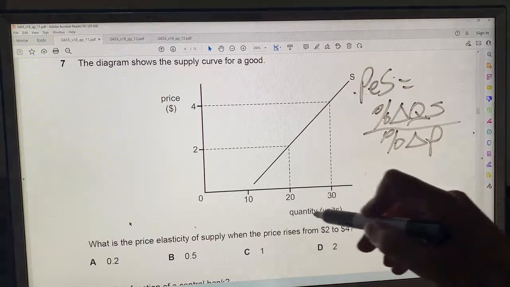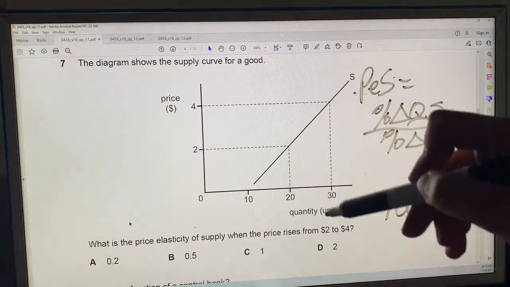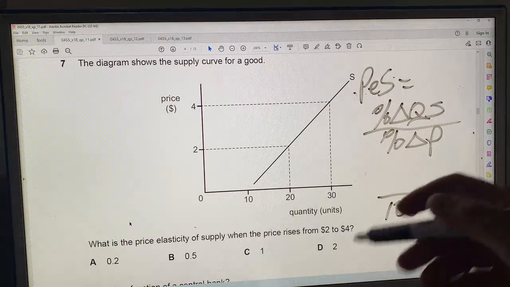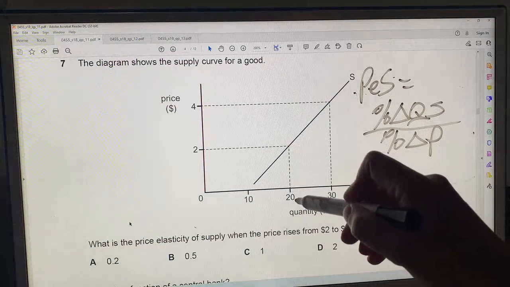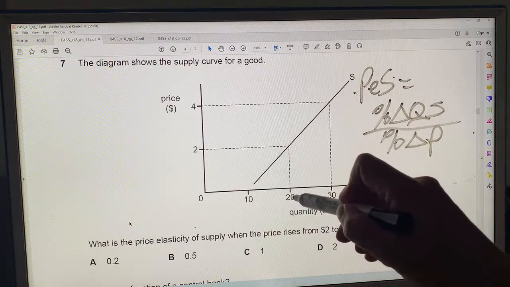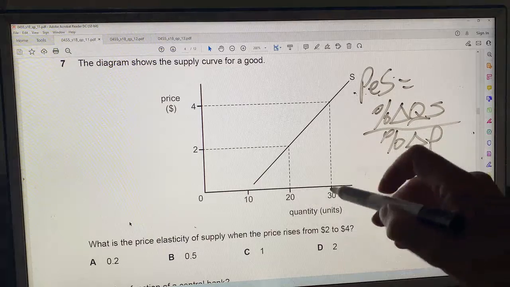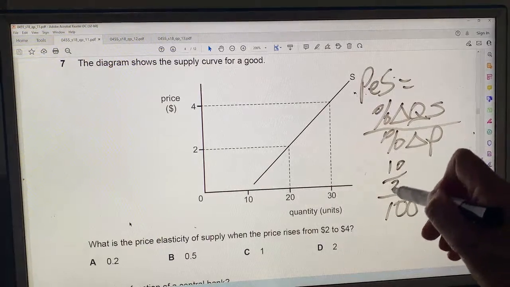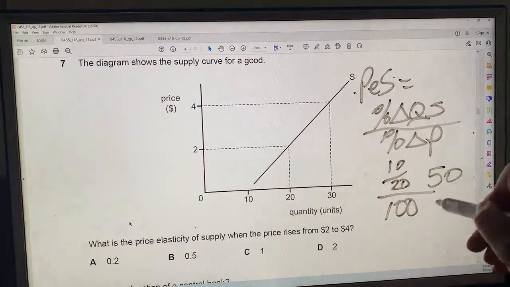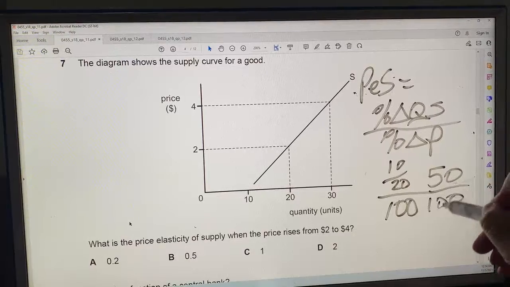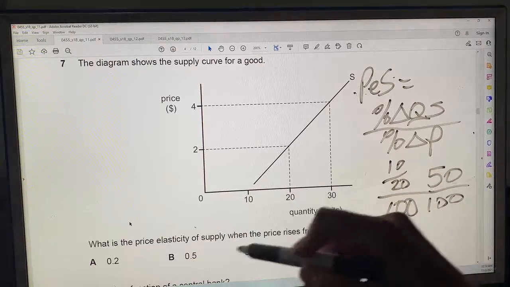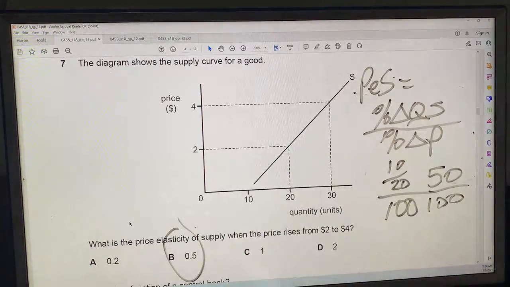There's a 100% increase in price from 2 to 4. And let's see, the quantity supplied increased from 20 to 30. The difference is 10 divided by 20, which is 50. So 50 divided by 100 is 0.5. Answer must be B for 7.